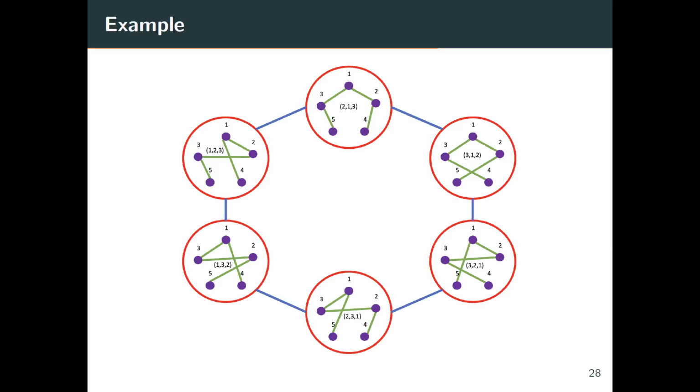Something that is important is the degree property of Prüfer sequences. In all these trees, the assignation of degrees will always be the same. For example, vertex 1 has degree 2 in all these trees. Vertex 2 also has degree 2. Vertex 3 also has degree 2 in all these trees. And 4 and 5 will be leaf vertices in these trees.